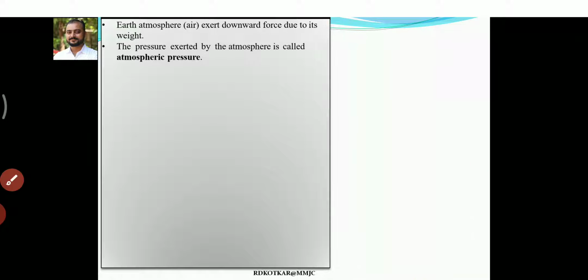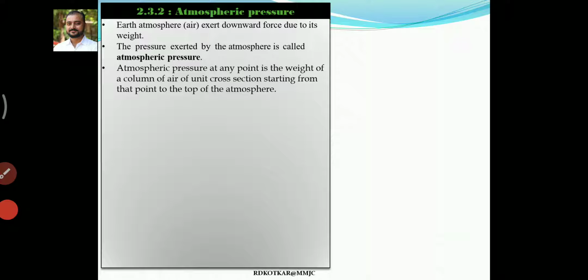So the pressure exerted by the atmosphere is called atmospheric pressure. Simple. Pressure exerted by the atmosphere is called atmospheric pressure.